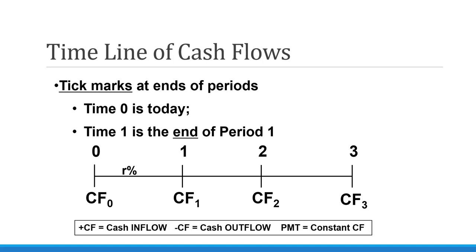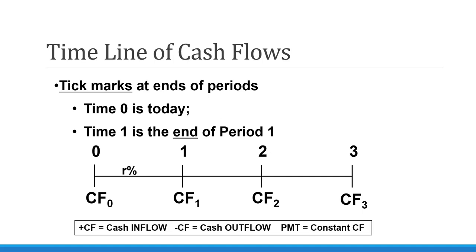Plus CF equals a positive cash inflow, negative CF equals a negative cash outflow, and PMT equals a constant cash flow or a regular payment. PMT is usually used as an abbreviation of the word payment, indicating that something happens at a regular time.